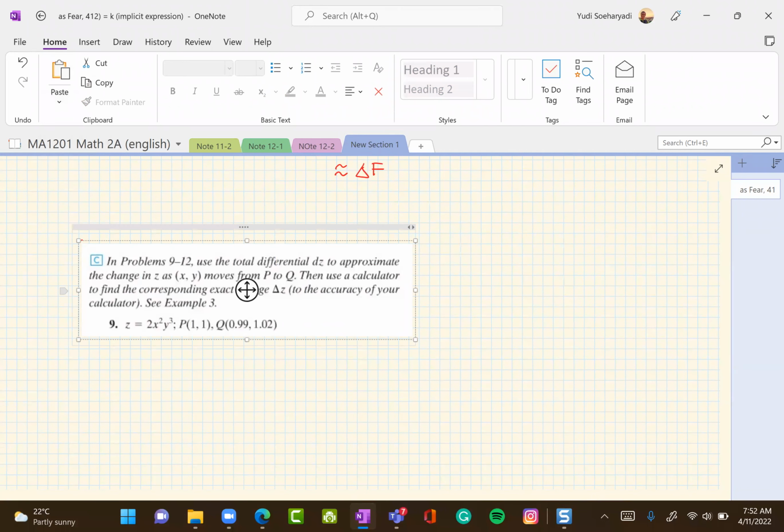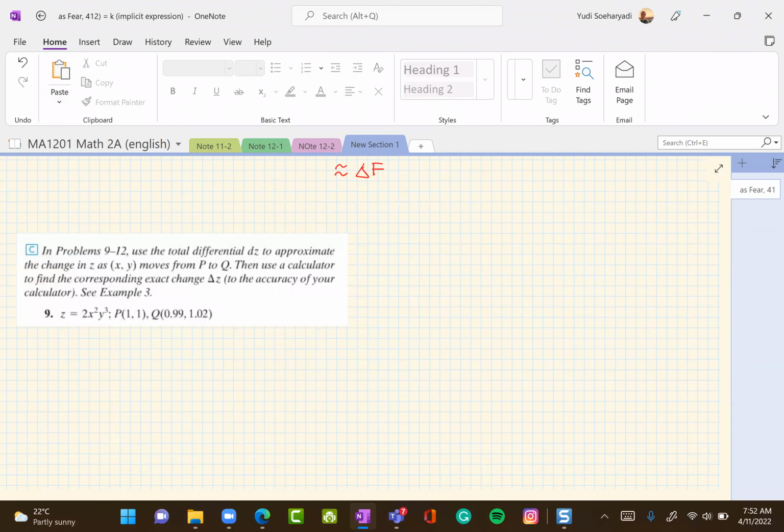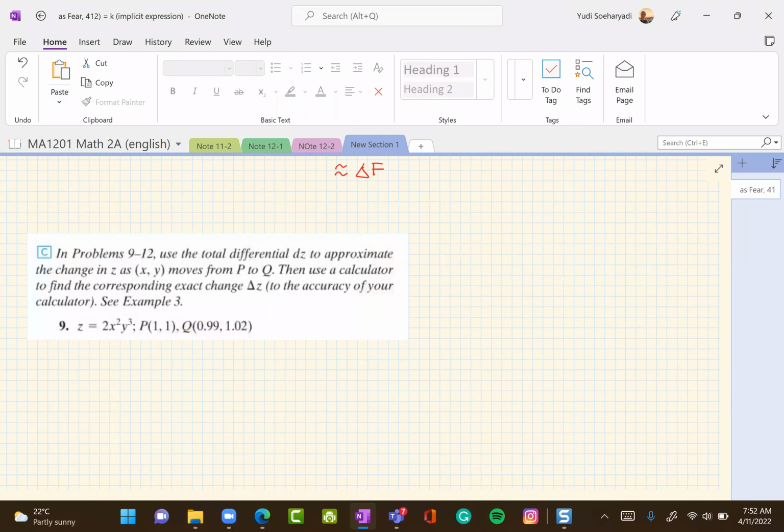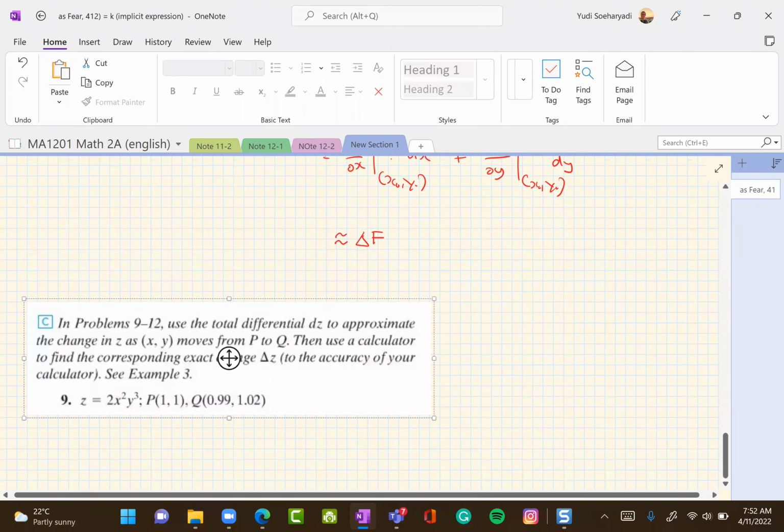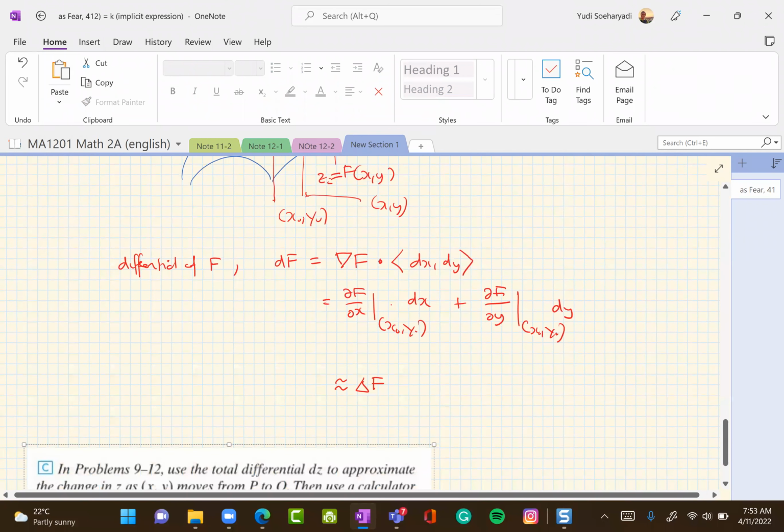We compute the total differential. I should mention this is also called the total differential of f, because it's a sum.